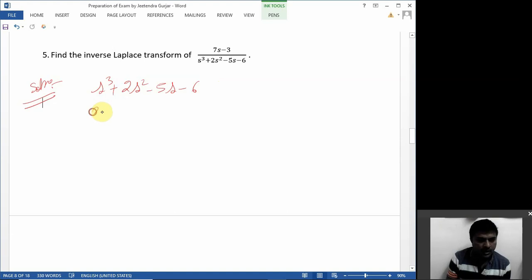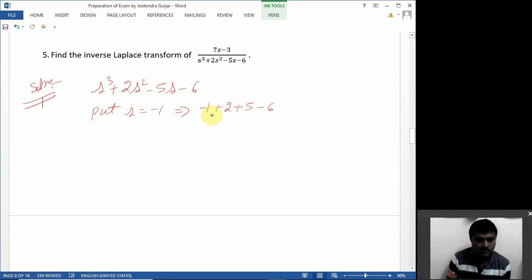Then I put s equal to minus 1. This is my first root of the equation. Minus 1 cube is minus 1, plus 2 s square, minus 1 square is plus 1, so plus 2, minus 5s with s as minus 1, minus into minus is plus 5, minus 6.